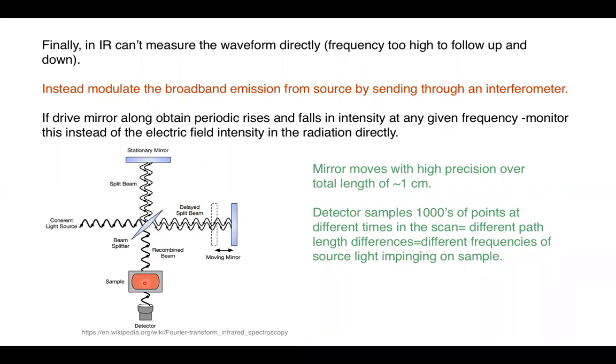The sample is then subjected to the different combinations of the waveform, which gives us the ability to look at periodic rises and falls in intensity at any given frequency. This can be monitored instead of the electric field intensity, and thus we can get our spectrum much easier by measuring it at the detector.